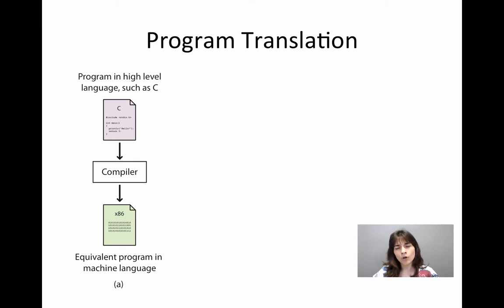Now let's look more closely at how the translation actually happens. We mentioned that the compilers and the interpreters are the programs that perform the translation from the high-level language that we are writing our programs in to the machine code that the computer understands. But how does it happen? The first diagram that you see on your screen shows what we call static compilation.